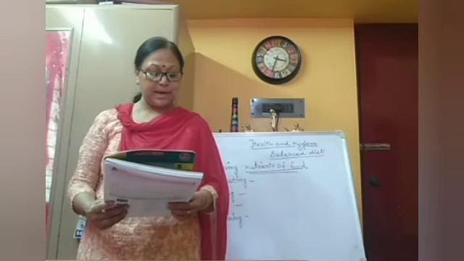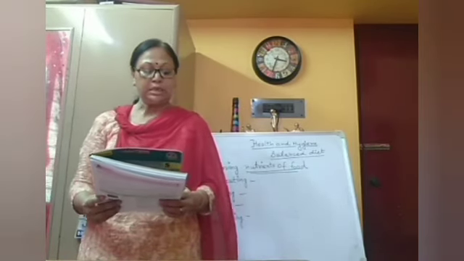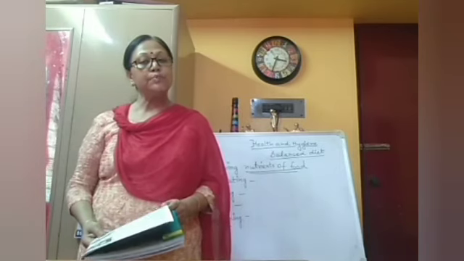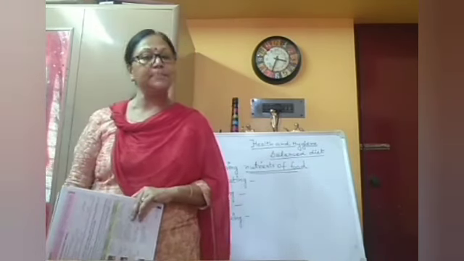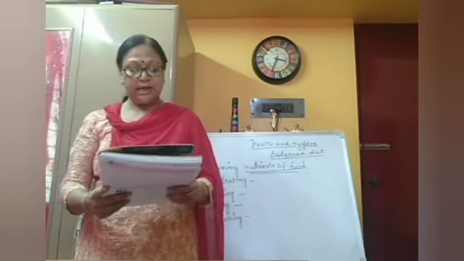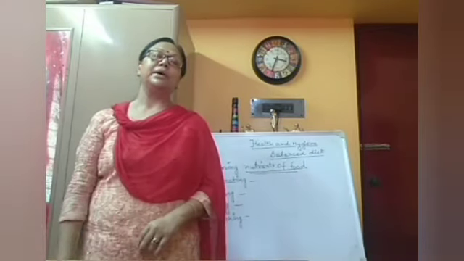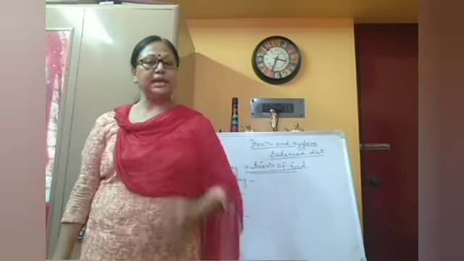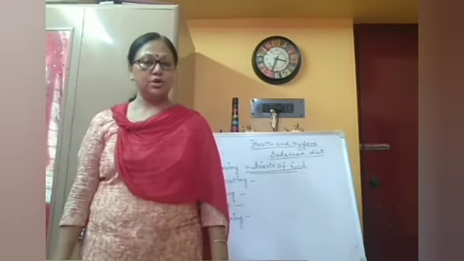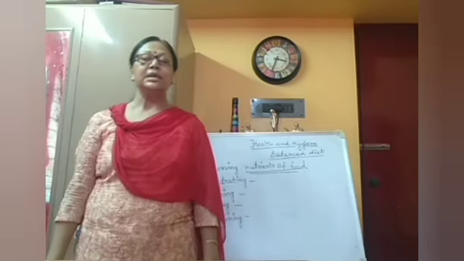Now the next part is preserving nutrients of the food. The food we eat should be kept or stored properly, otherwise it will become spoiled. There are many ways to keep our food properly, but before that we should know the ways for all kinds of food, such as dry foods.